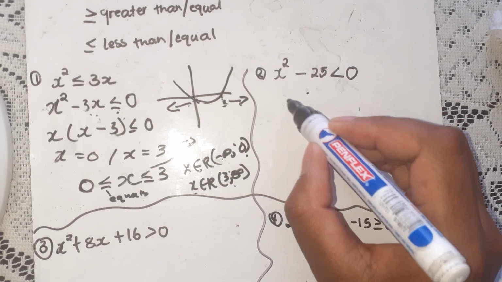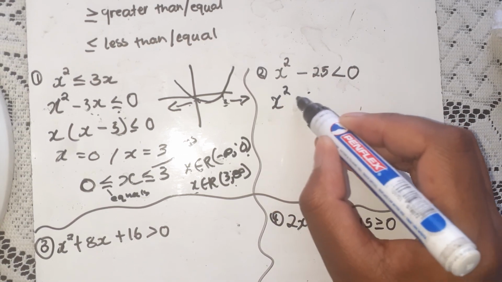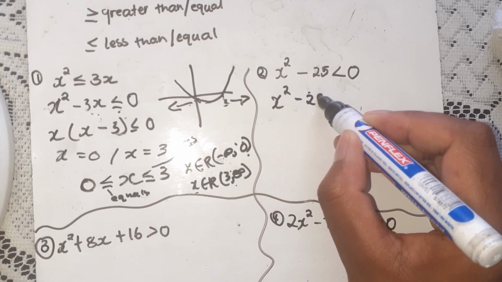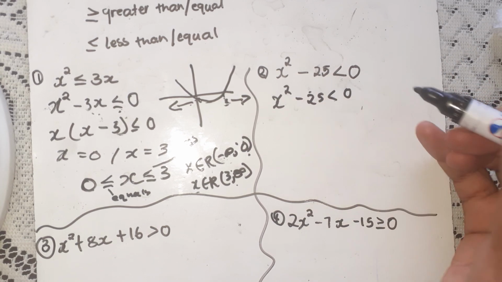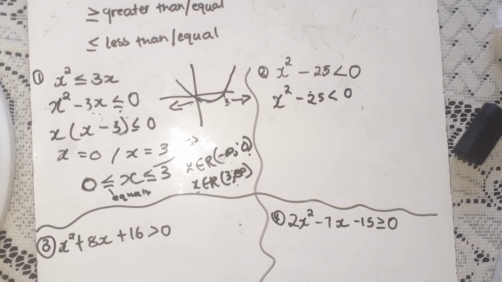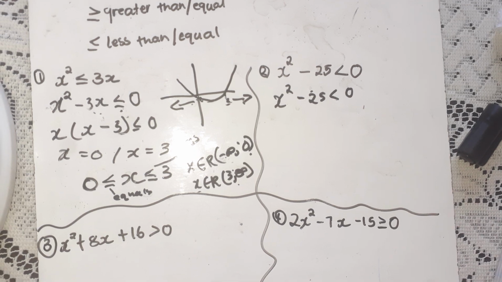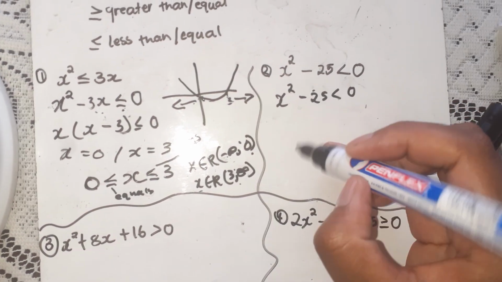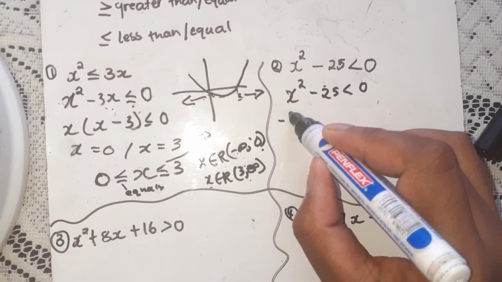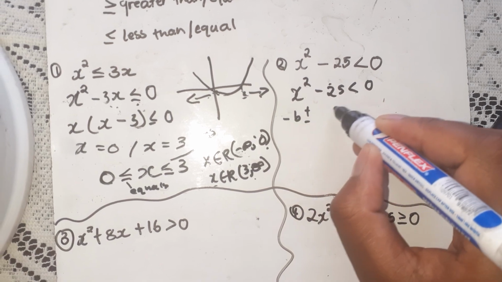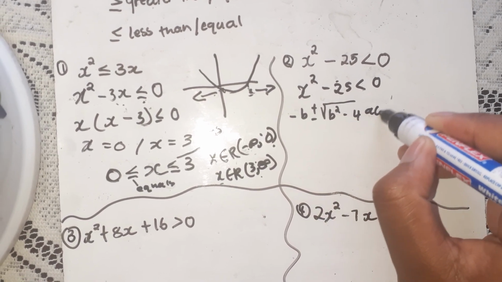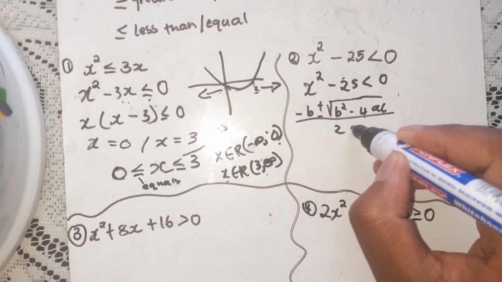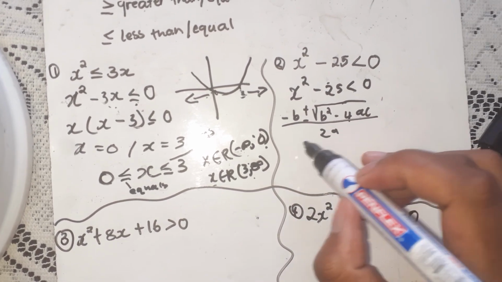So here we have x squared minus 25 less than 0. Here we want the factors, so we can use the quadratic formula: negative b plus or minus the square root of b squared minus 4ac. Don't write it down, write it on a separate paper, not on your answer sheet.